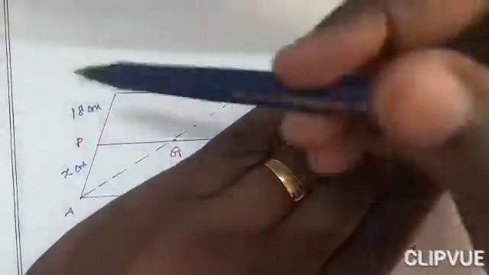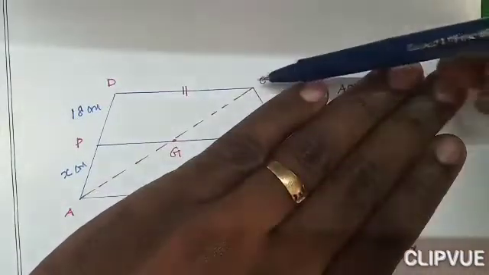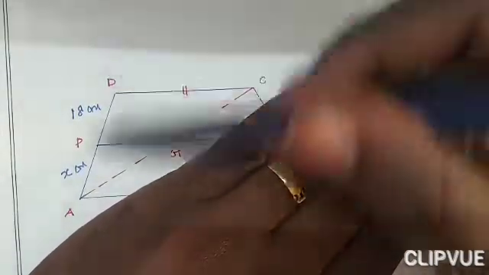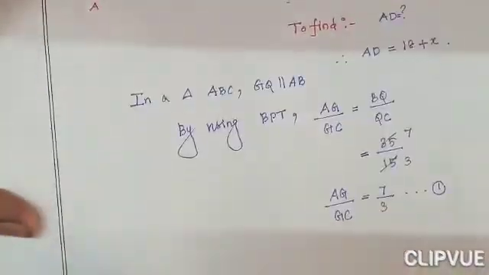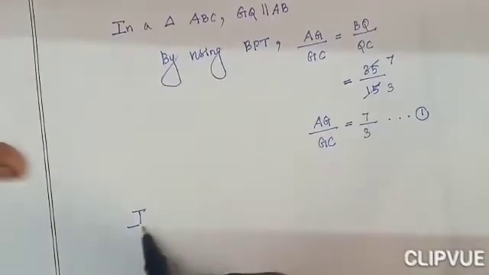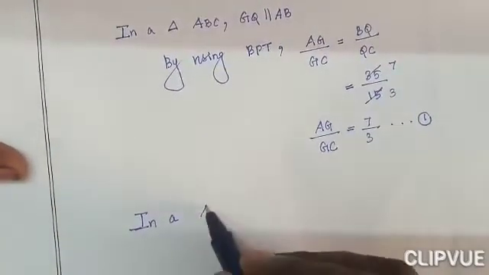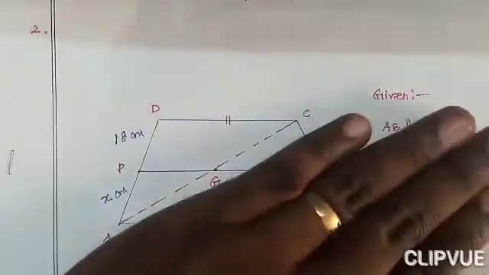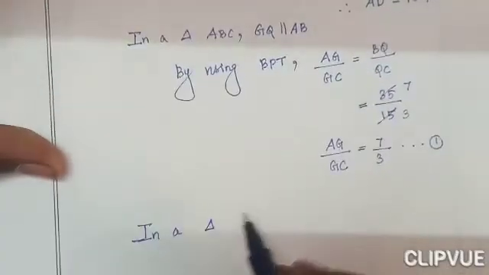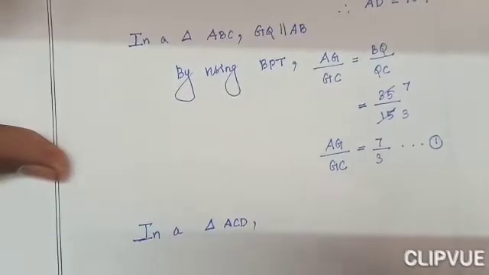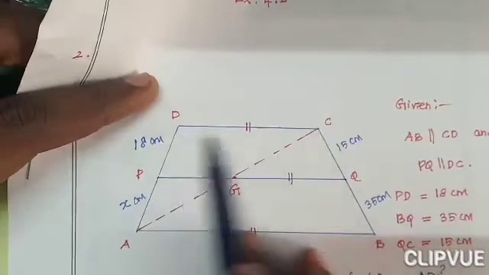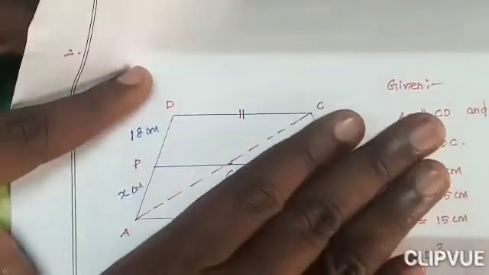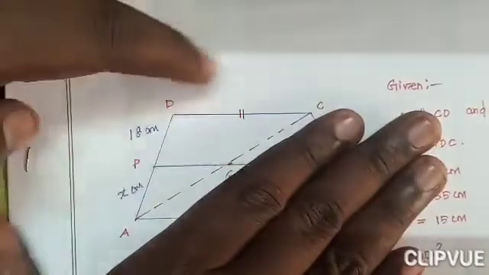Okay, so next, hide this. You can take the triangle ACD, or CDA. Here in triangle ACD, GP is parallel to this side. In this triangle, this PG is parallel to CD.